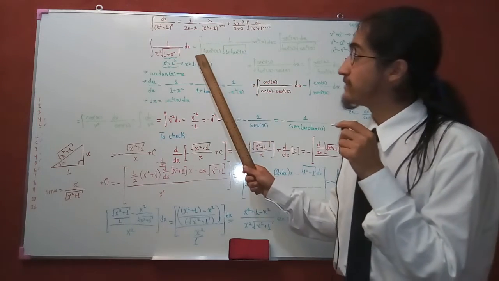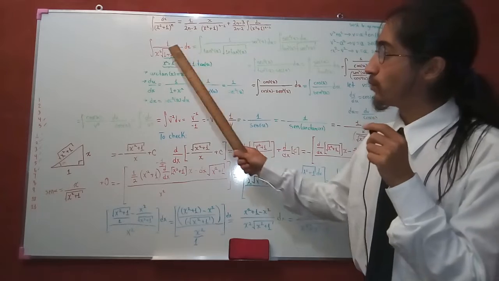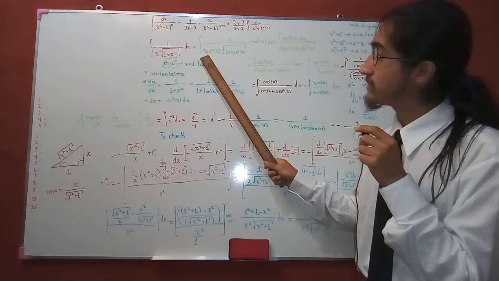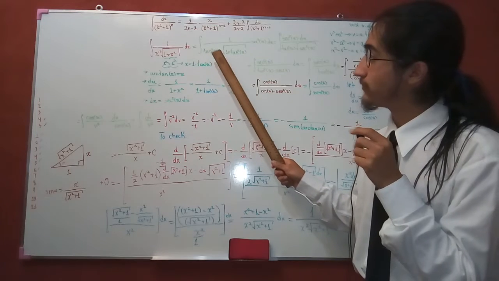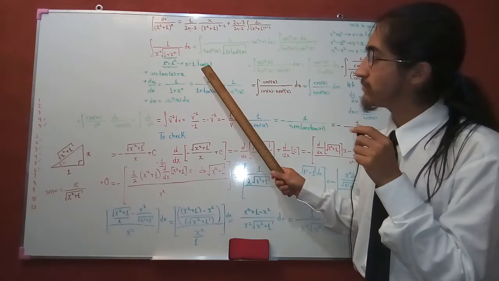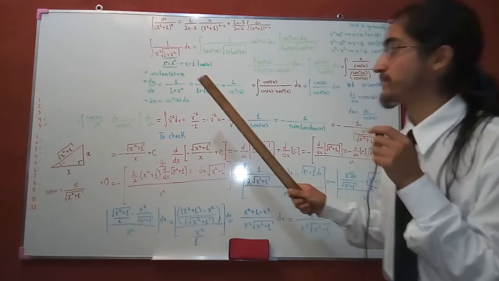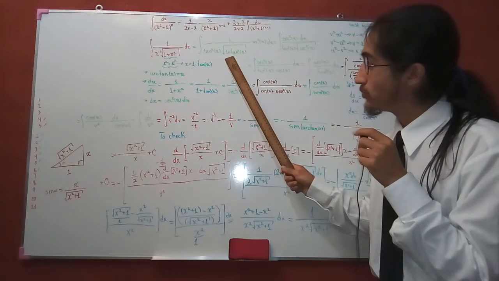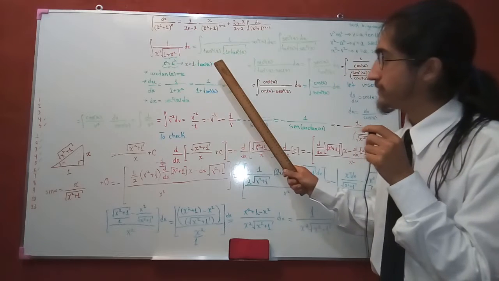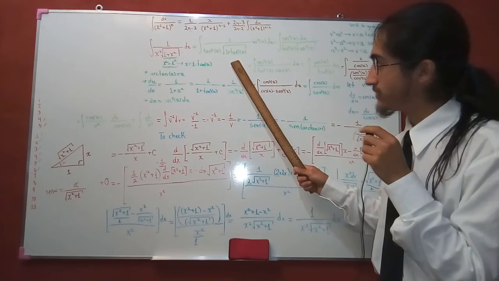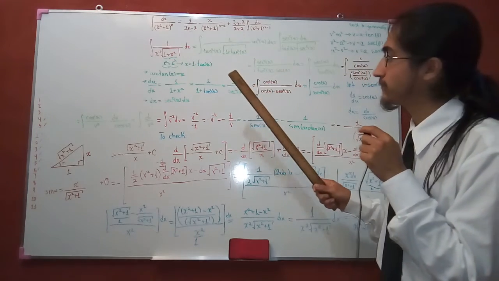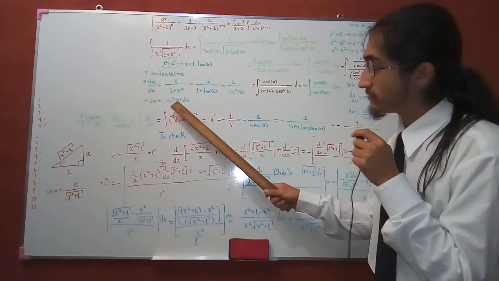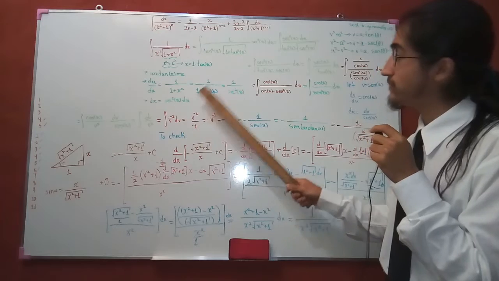So this is equal to the integral of 1 divided by x squared, which is the tangent squared of u, because x is equal to the tangent of u, multiplying the square root of 1 plus x squared, which is equal to the tangent squared of u, multiplying the dx, and the dx is equal to the secant squared of u du.